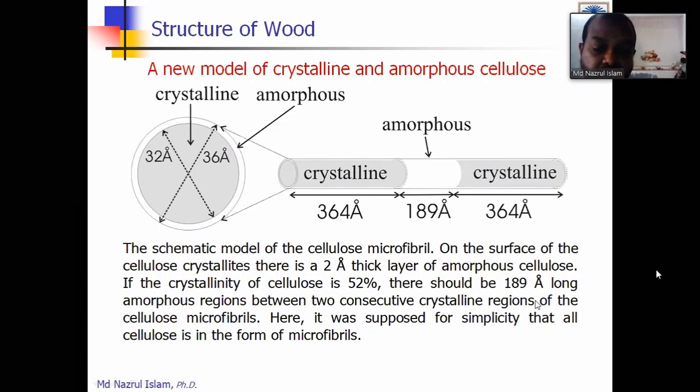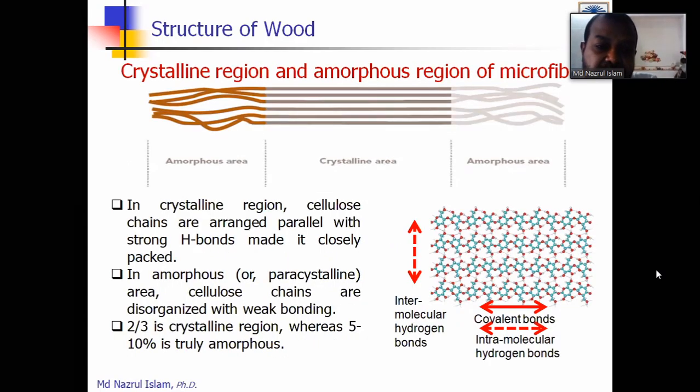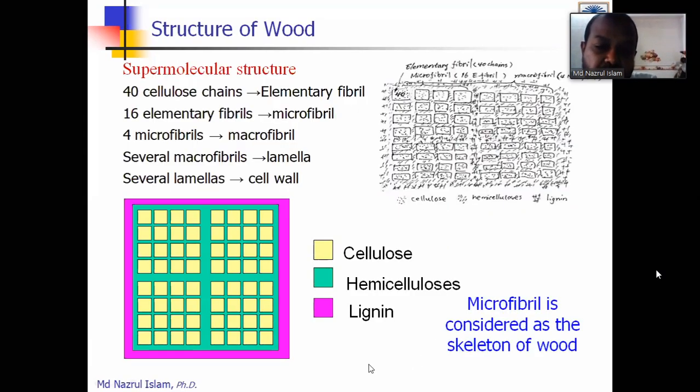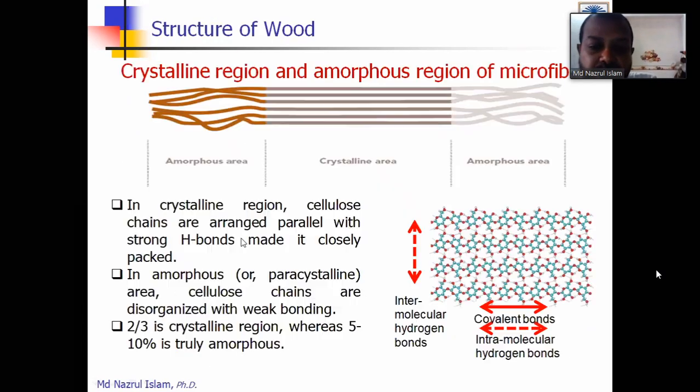However, in the earlier figure, we are saying cellulose, then hemicellulose. And in this figure, we are saying that some part is crystalline and some part is amorphous.